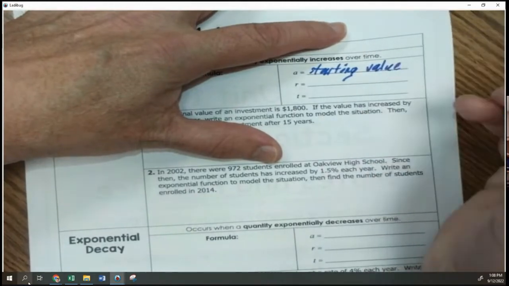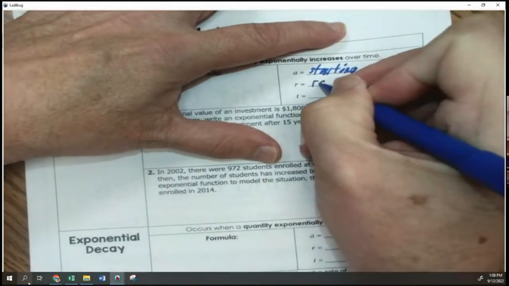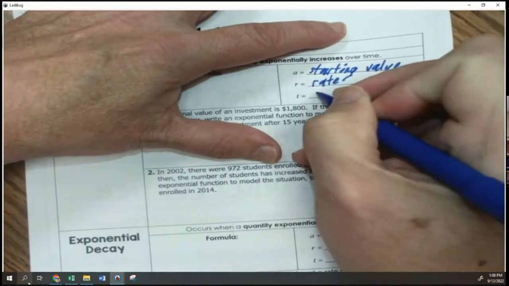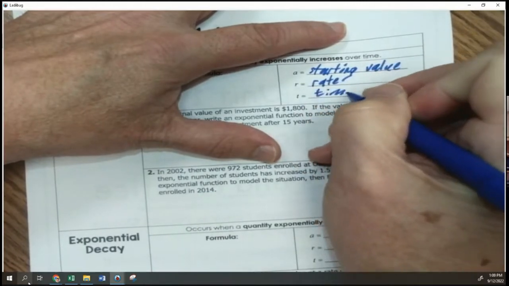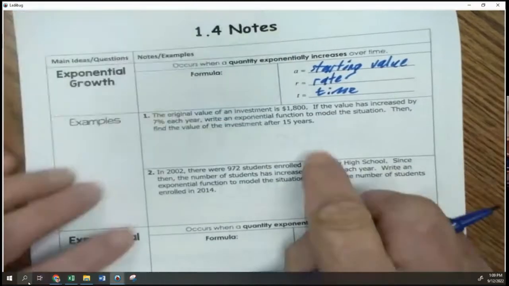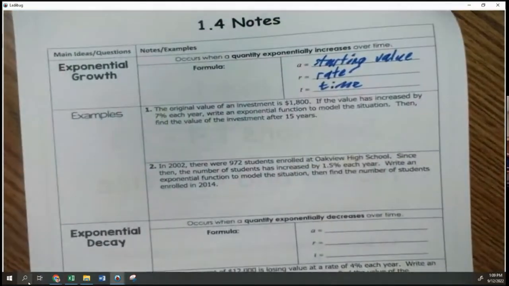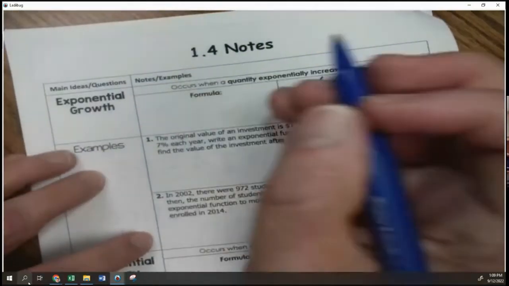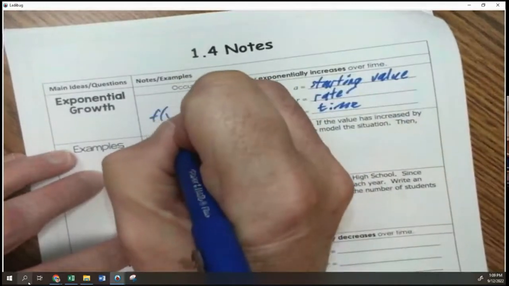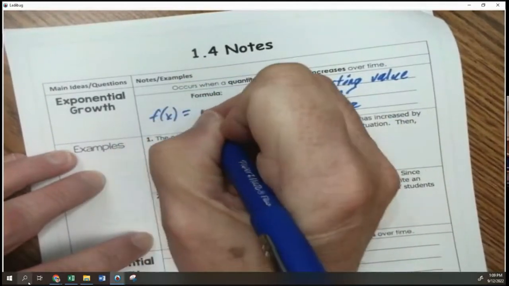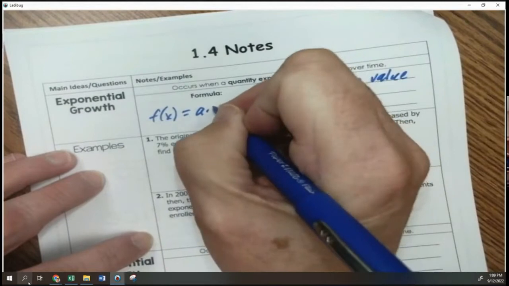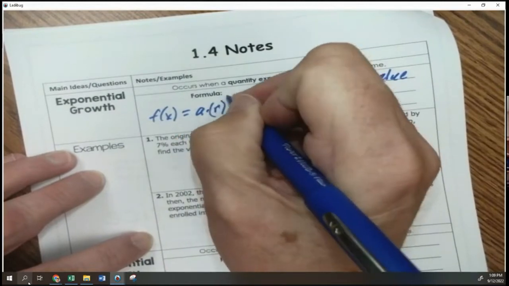Let's just start at the y-intercept. R is the rate of change, and T is time. Rate would be the same as the base when we saw on the other. So we would say our exponential growth would be A times R, put R in parentheses, T.